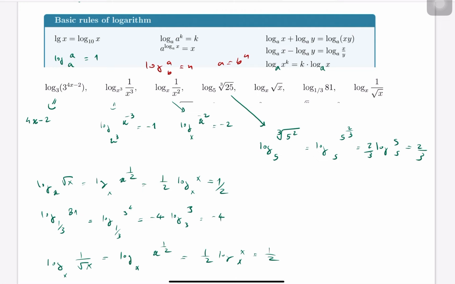As you see in the first question, again the same. If you see log base a of a power m, the result will be m. Here the log base is 3 and the number is 3, so we can write just the power as the result.